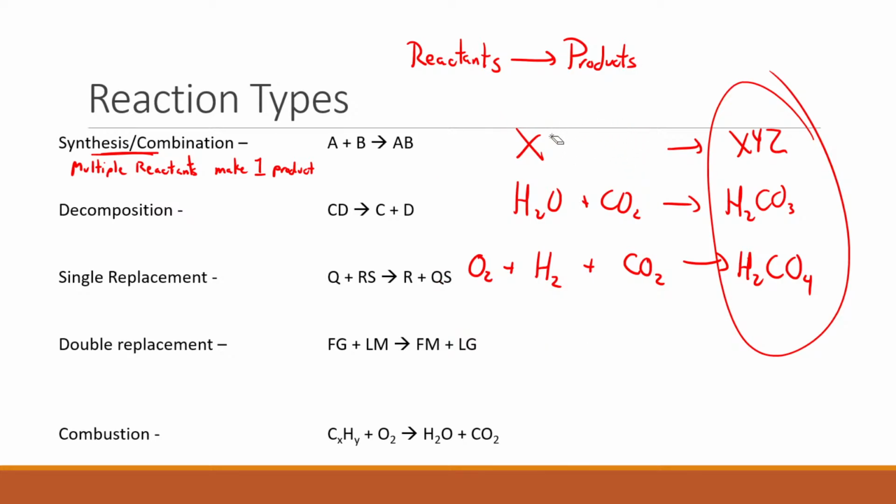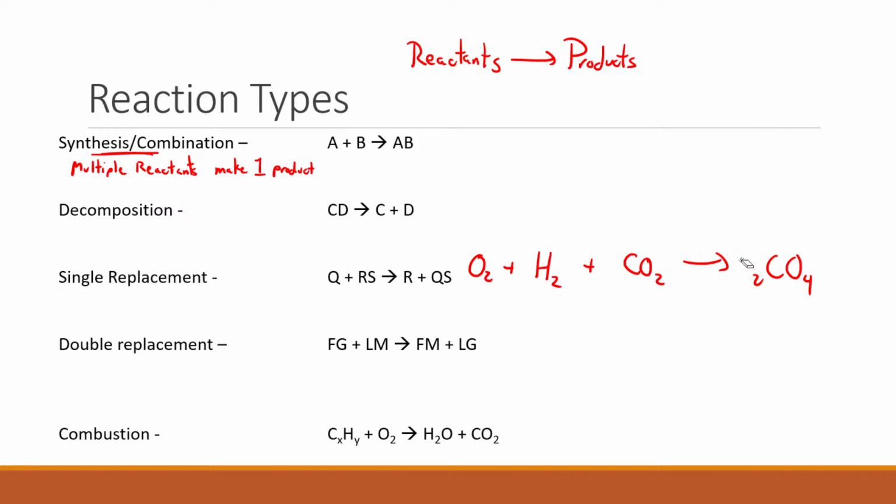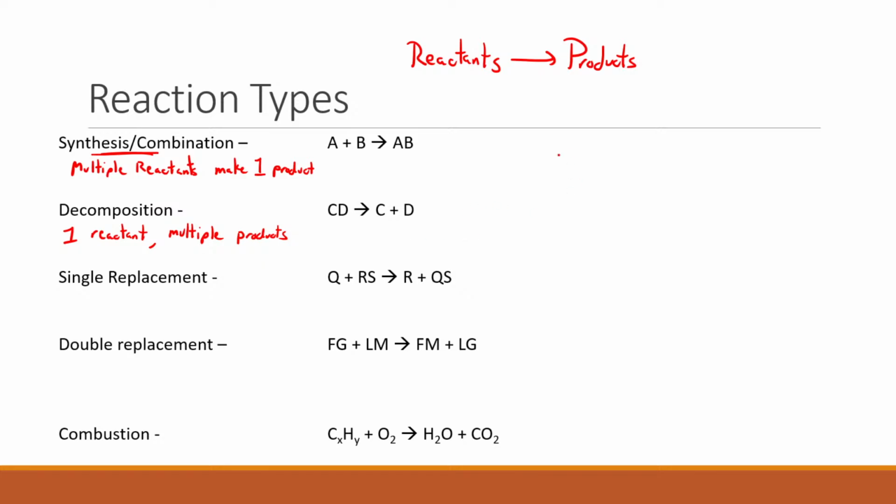Now, a decomposition is the exact opposite. A decomposition is any time there's one reactant breaking down to form multiple products. And again, we get the same kind of open-endedness to it. Right, one reactant, multiple products. Decomposition can look like this: one big compound breaking down into elements.